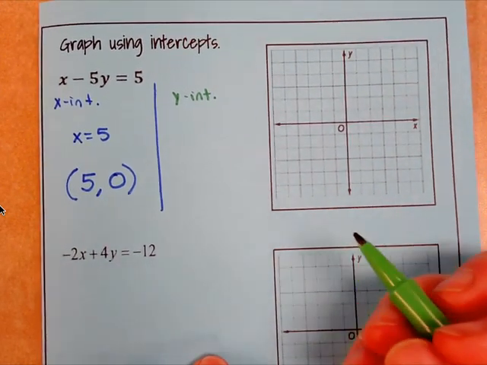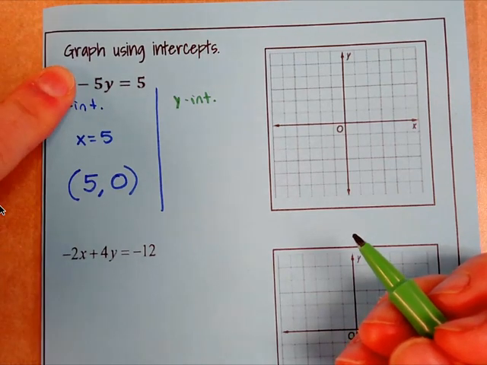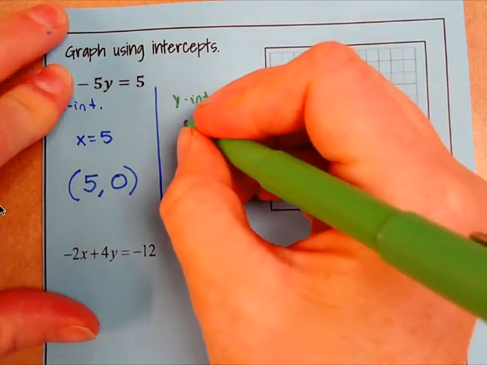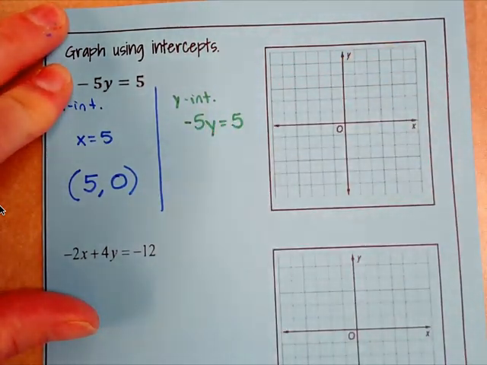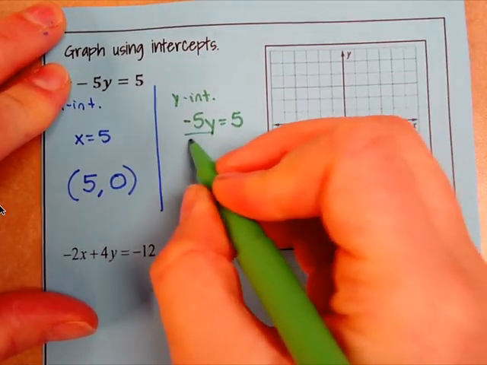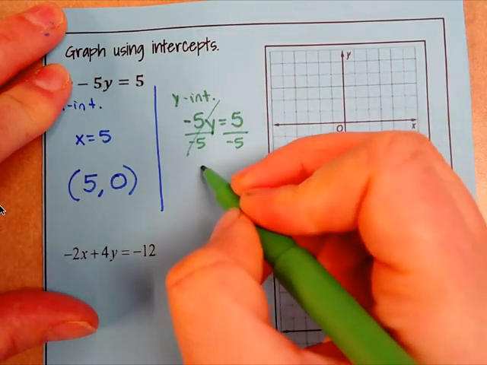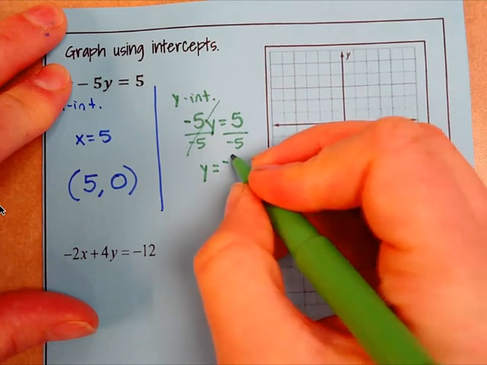And then the y-intercept, we're going to make x equal 0. So if I cover up the x, I need to write down what's left after the x is zeroed out. I get negative 5y equals 5. Divide by a negative 5 all the way through. Negative 1.